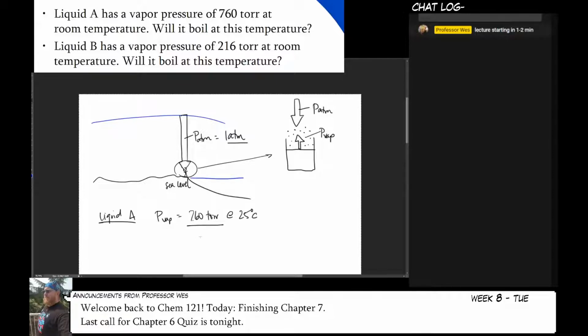So since this is equal to atmospheric pressure, then we would conclude that liquid A would boil at that temperature because it currently has enough vapor pressure to boil.